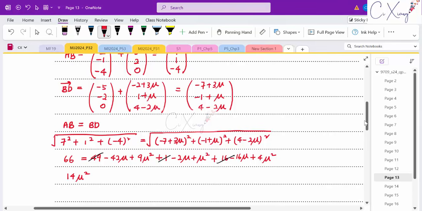Then for the mu terms, -42, -2, -16, so you should be having -60 mu equals 0. Then I factorize out 2 mu, and I'm left with 7 mu minus 30 equals 0.